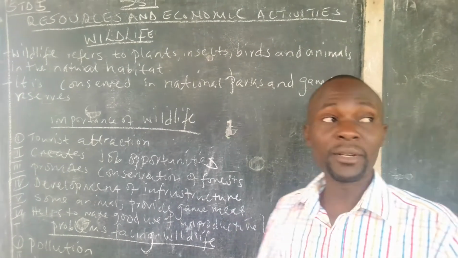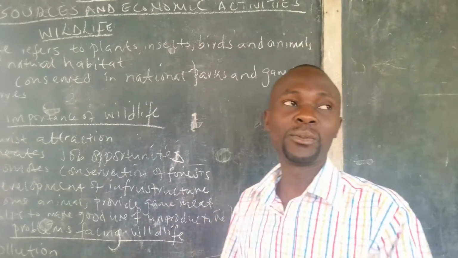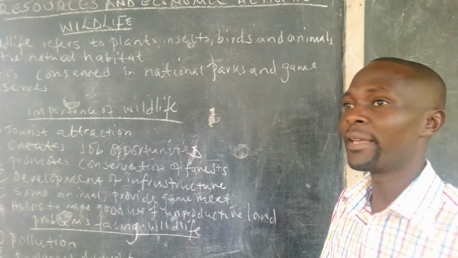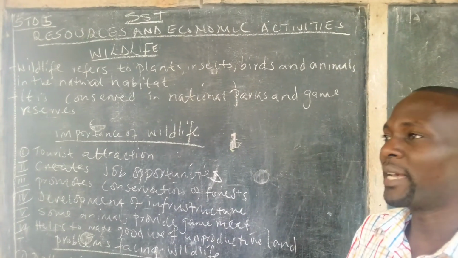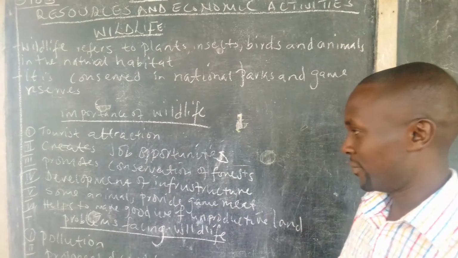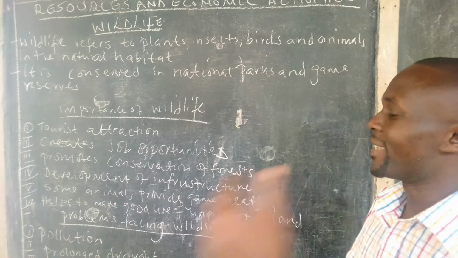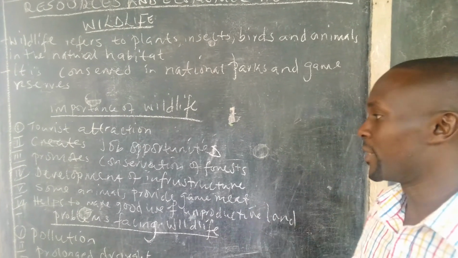There is development of infrastructure, whereby, as we need to travel to the game parks and game reserves, the infrastructure, that is the roads, transport, and also communication, has been developed so that people can easily move to these places.